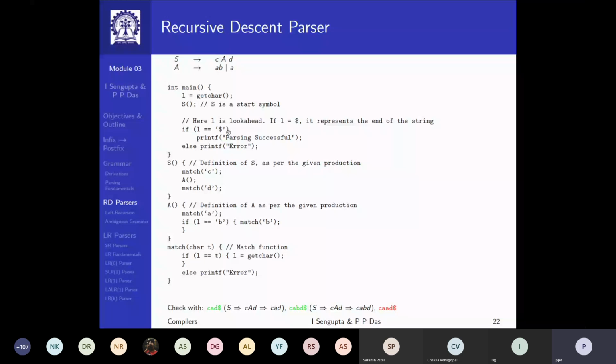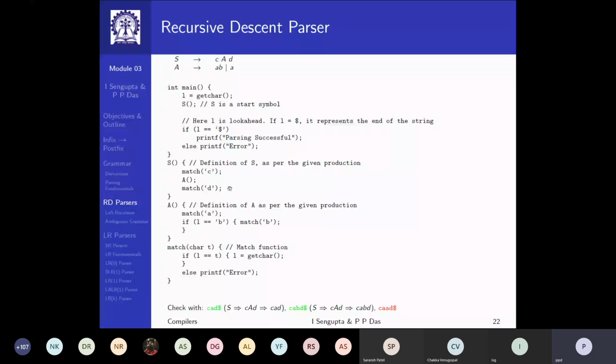So if you reach parsing successful, then you know that this string is derived from this grammar. And how do you actually get the leftmost derivation? That is very easy. You just need to put some more code to trace how the functions are getting called.